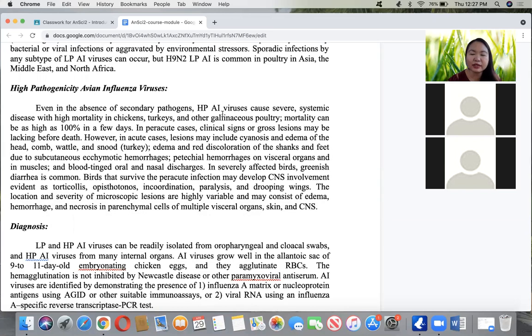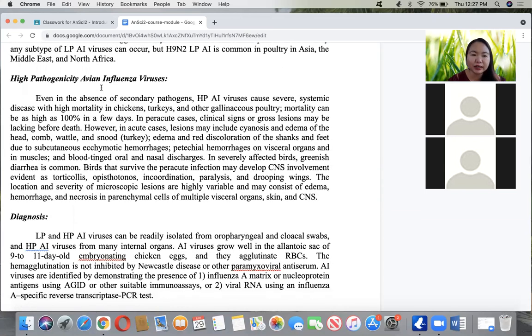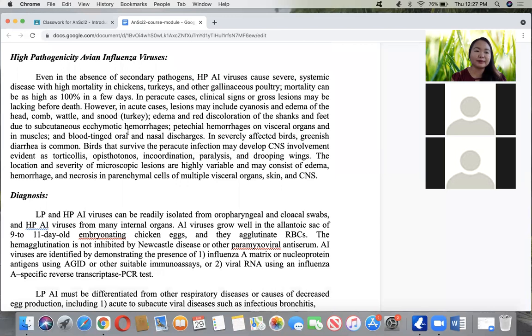So pag high pathogenic siya, they can cause severe systemic disease with high mortality. So chicken, turkeys, and other gallinaceous poultry with as high as 100% in just few days. Yung mga common symptoms.